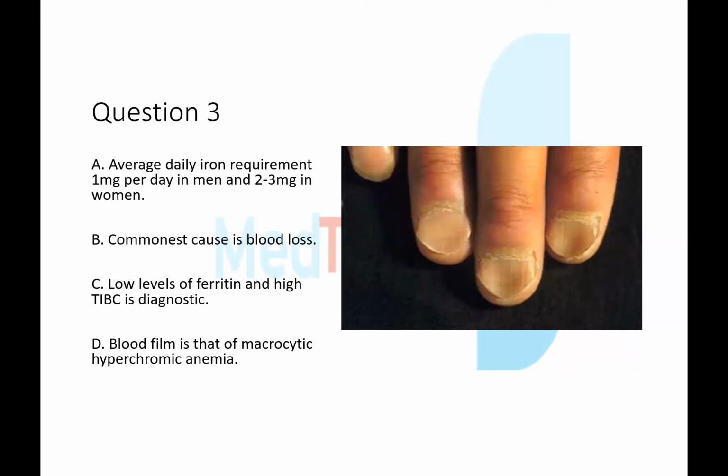So the only thing that probably goes up in iron deficiency anemia is this total iron binding capacity. So option D, blood film is that of macrocytic hyperchromic anemia. So that's false. So it should be microcytic hypochromic. Exactly. So that's the one that is odd in that option.